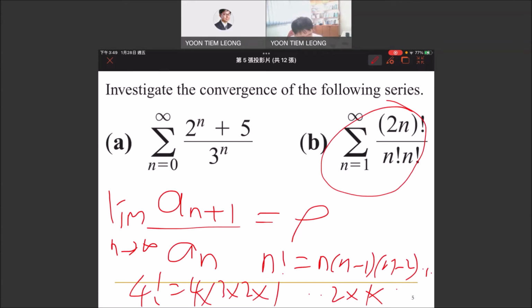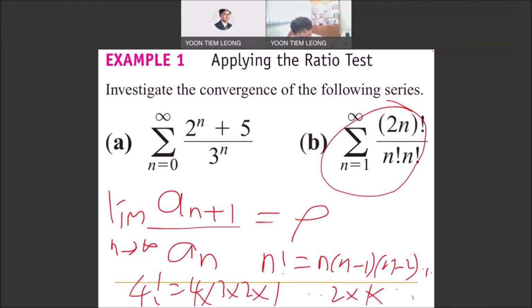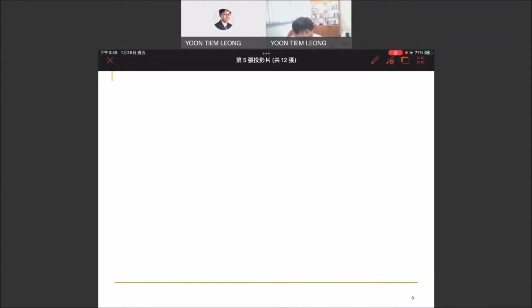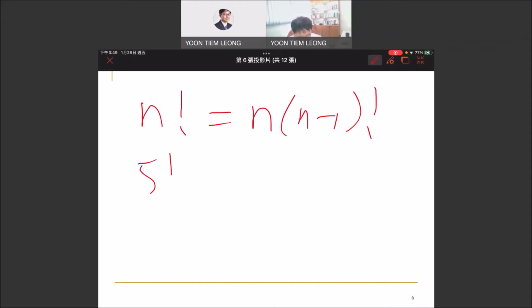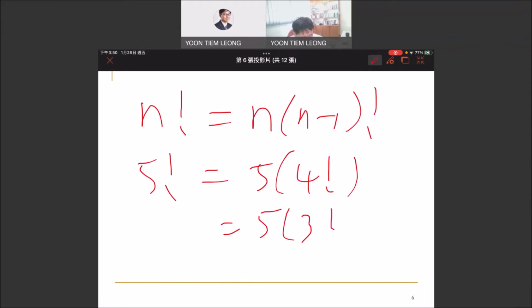One of the very important properties of the factorial is that if you have n factorial, this is the same as n multiplied with n minus 1 factorial. For example, 5 factorial is equal to 5 times 4 factorial. And again, 4 factorial is equal to 4 times 3 factorial, and things like that.